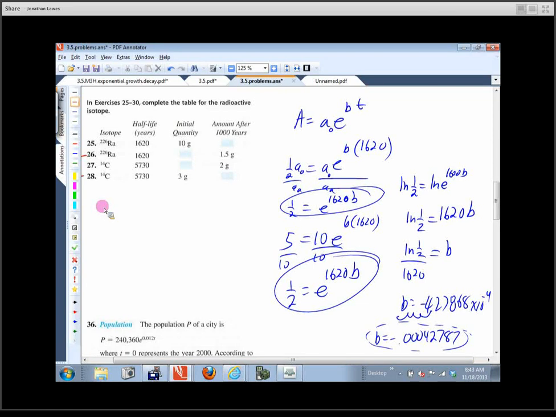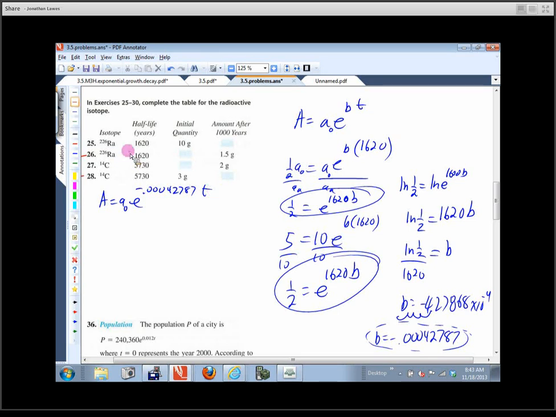So that's the hardest part, is finding that right there. So our formula is the amount equals the initial amount, and then e to the negative 0.0004278 times t.